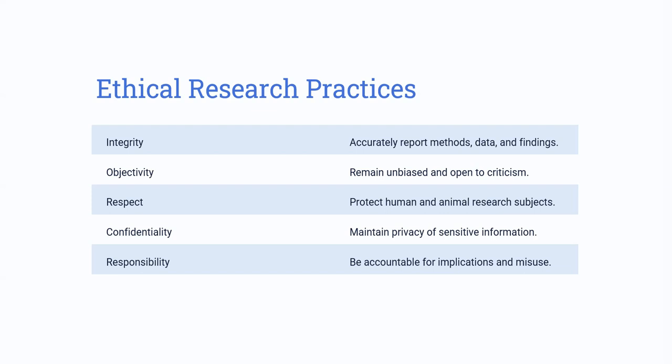And ethical research practice is very, very important. Integrity means accurately reporting the method, data and findings, remaining objective and unbiased, and being open to criticism. Because yes, we know something, we don't know something, we want to know something. This is the basic thing.